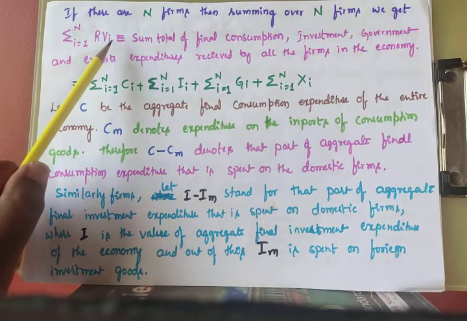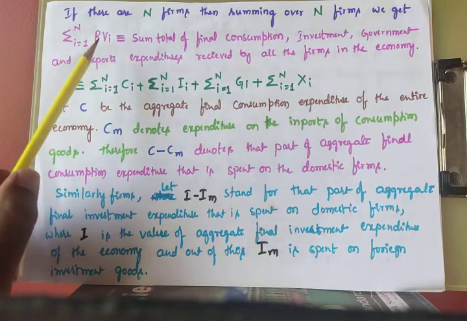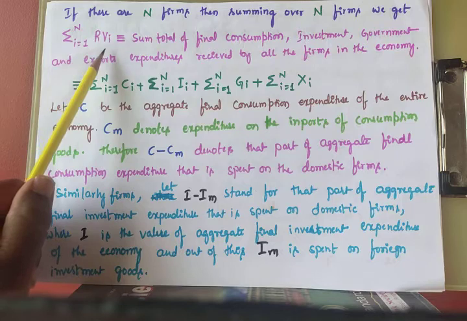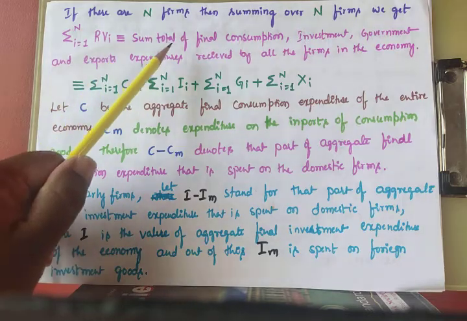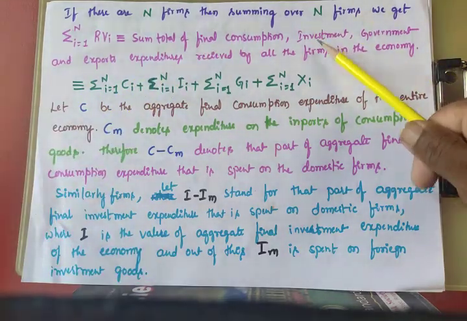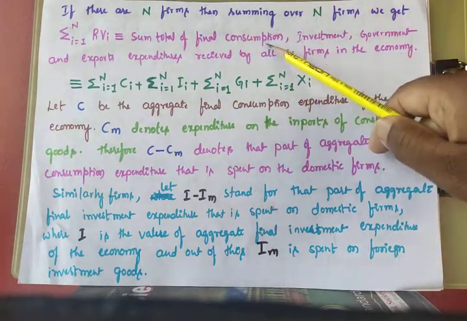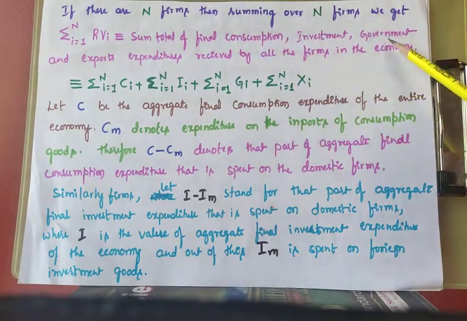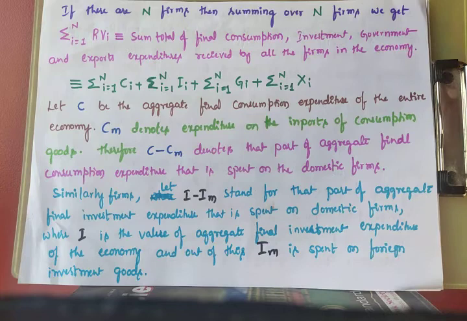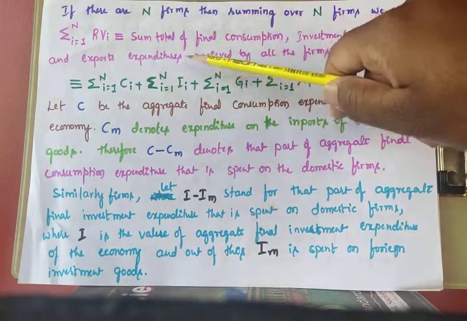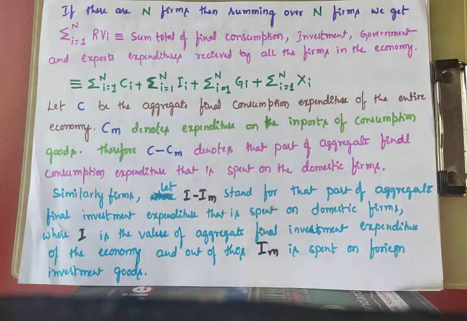So that is identity or equality. So here, the revenues of each firm is the sum total of final consumption, the sum total of investment, the sum total of government expenditure on both investment and consumption, and the exports expenditures received by all the firms in the economy.